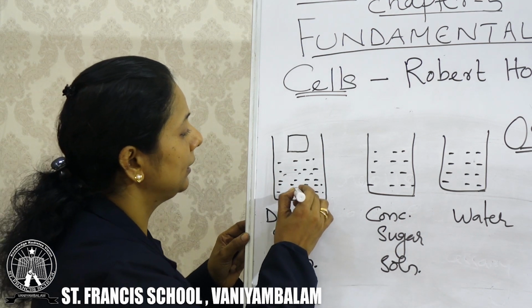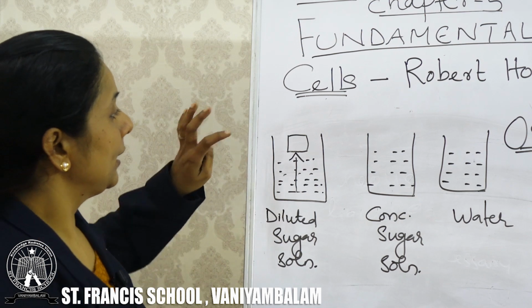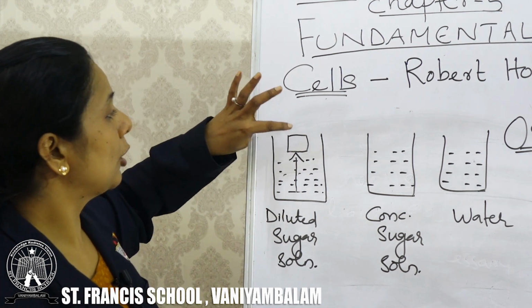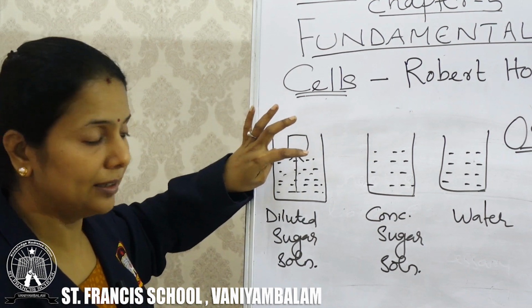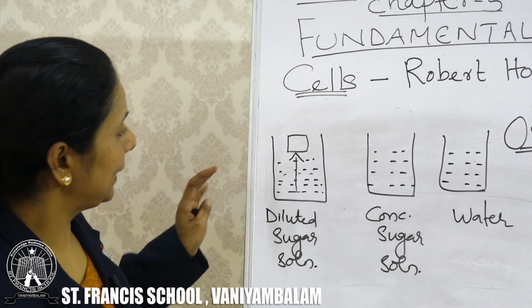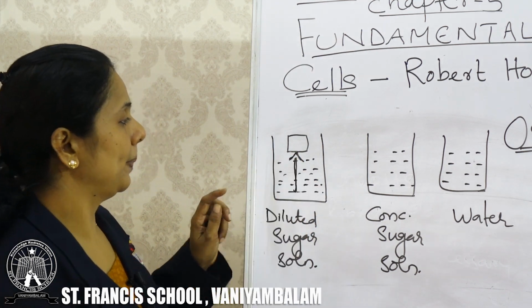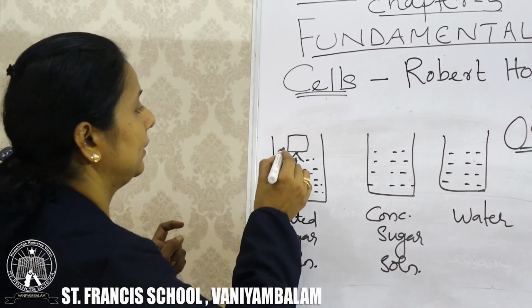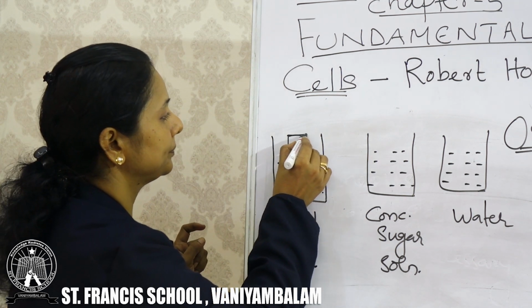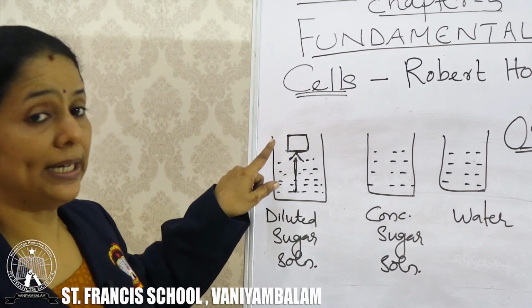This water enters into the cell through osmosis. That is, inside the cell, the concentration of sugar is higher than the outside water. So now water enters the cell through this cell membrane. This is the cell membrane. So water enters into the cell.